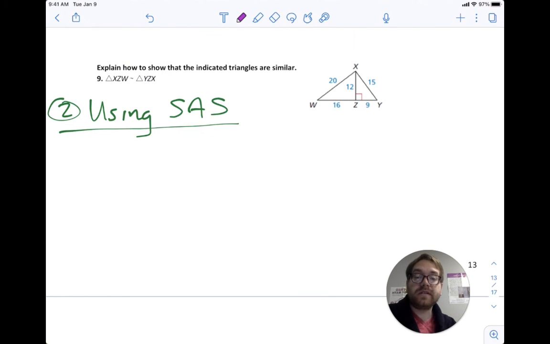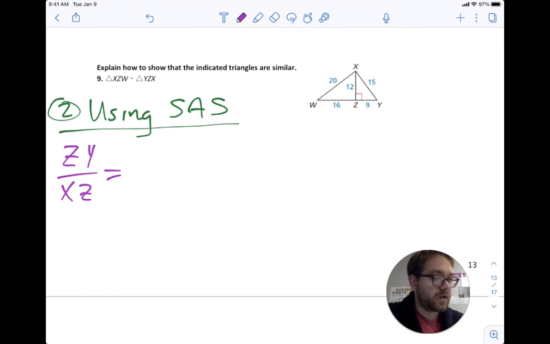Next, I'm going to use the side angle side theorem to show that these triangles are similar. So I need to show that one pair of angles are congruent and that the side lengths including those angles are proportional. Now, the previous example we just did, where we used the sides to show that these triangles are similar, can actually help us here, because we've already shown that ZY and XZ are proportional to XZ over WZ.